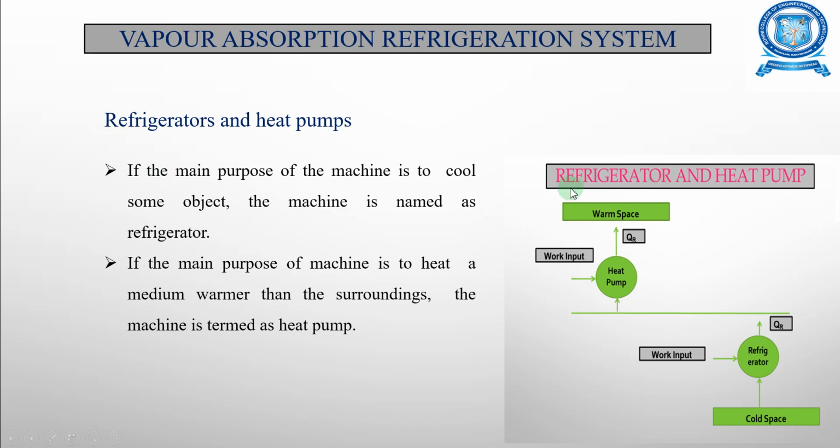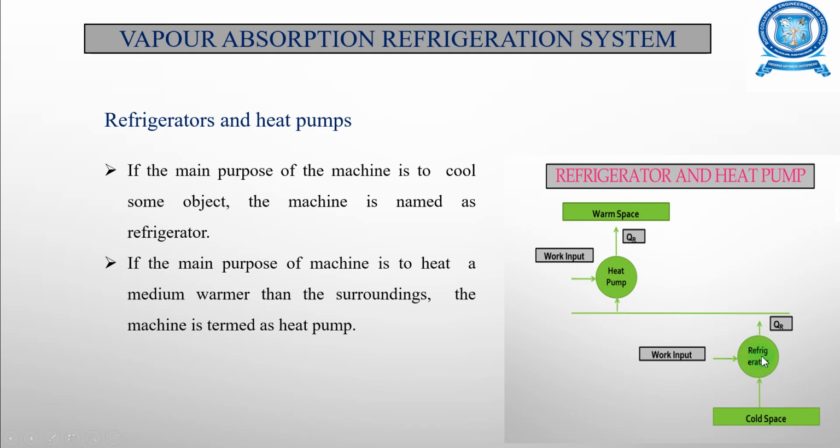You can see here from this diagram, this is a heat pump. The main purpose of the machine is to cool some object, so the machine is named the refrigerator.